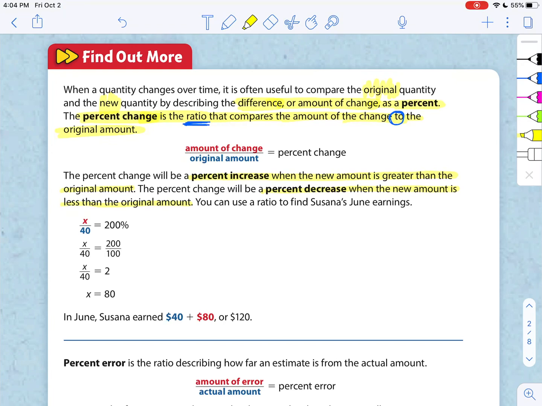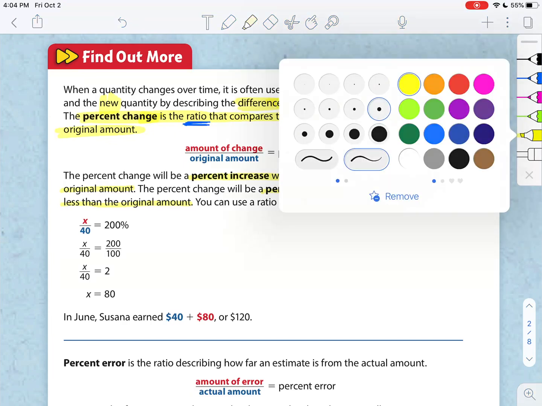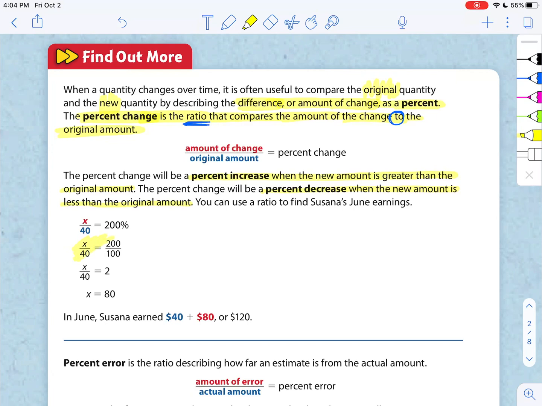And we can use ratios and proportions to find Susanna's June earnings, just like we did on the previous page. So you can see, I want you to take a look at this second proportion. They've written a proportion comparing the amount she earned on the left to the percent she earned on the right.